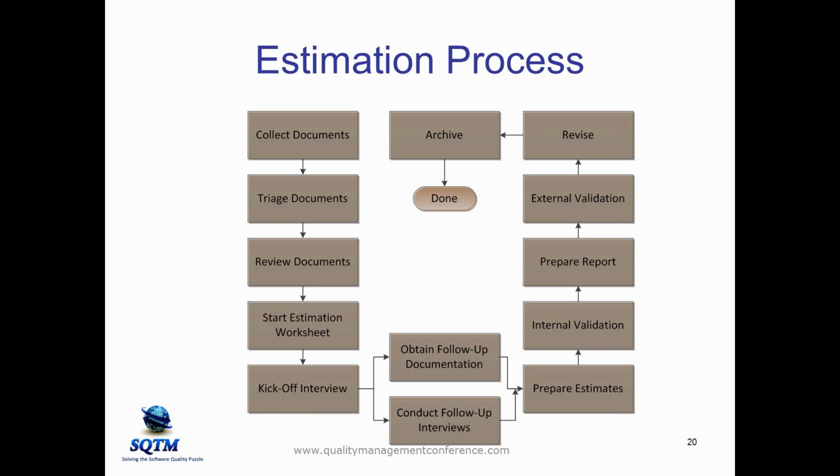Then we prepare our estimation report. Then we do external validation, where we show the report to the various people that are impacted and give them a chance to pick it apart. If they raise valid objections, if there are valid things that we missed, we would revise the estimate approach, deliver it, and then archive it. So that's the process in a nutshell.